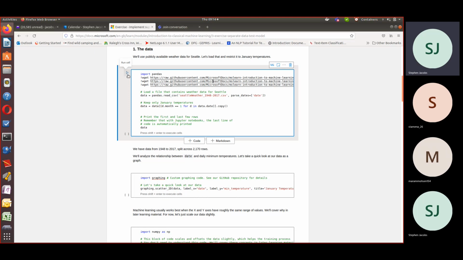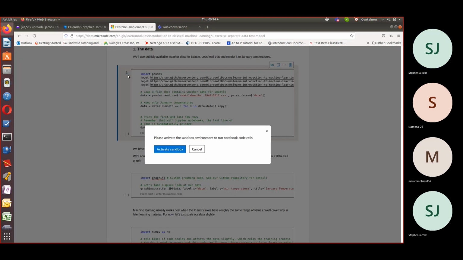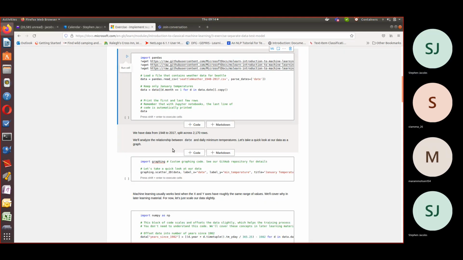Now it's going to ask us, I'm sure, to open the sandbox again when we try this, but if we try this all together, yeah, we have to activate our sandbox. Hopefully it will do it automatically. Let's try again then. Yeah, didn't have to put in my ID that time.